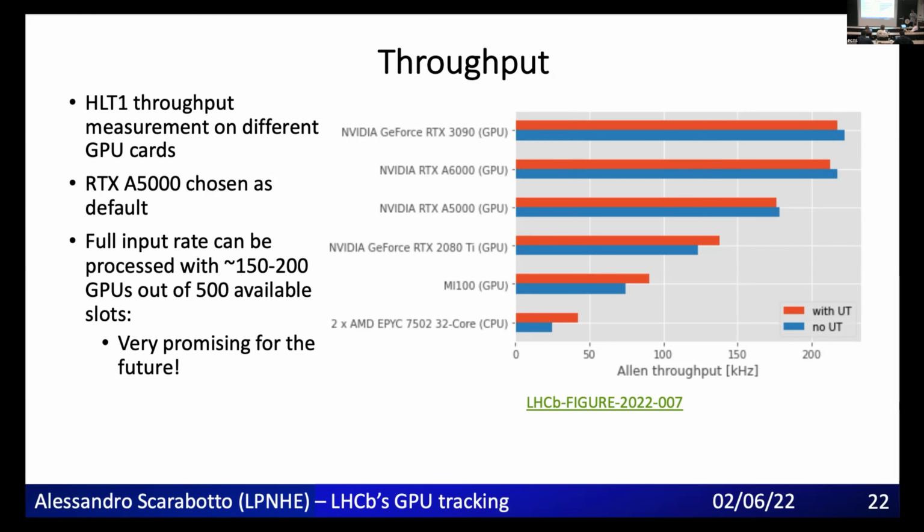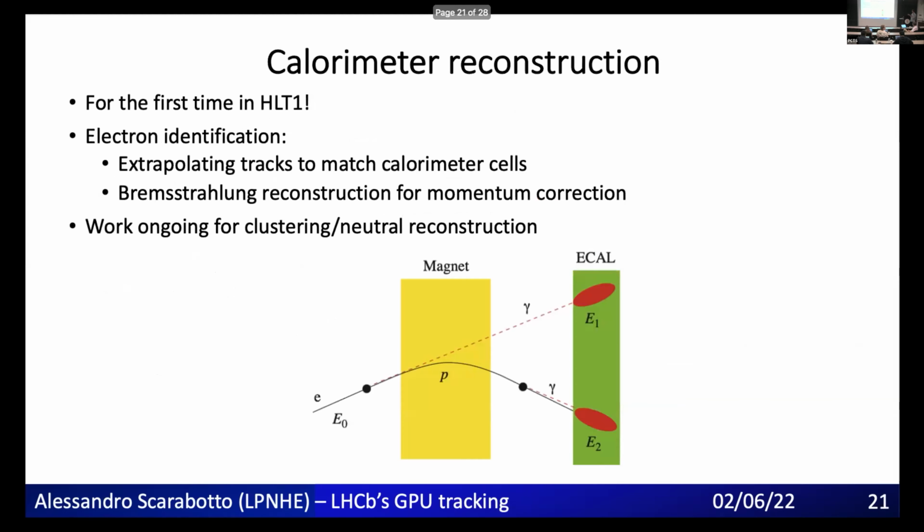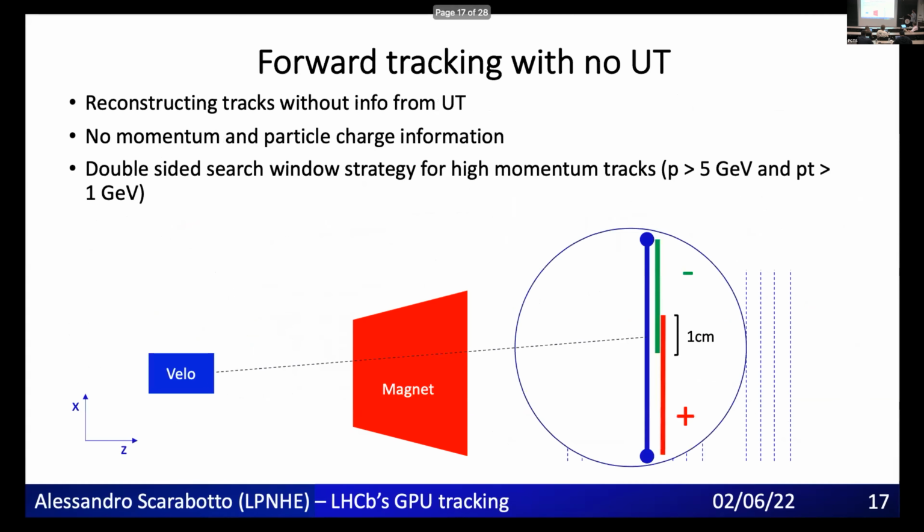With no UT, we focus on higher momentum tracks, with momentum greater than 5 GeV and PT greater than 1 GeV. So we reconstruct fewer tracks than what we do with UT, and then we can keep the throughput comparable. At the end, what we care about is having the same throughput, because we need to take data at that rate. Of course, we reconstruct fewer tracks because we have less information without the UT, but this is what we do.